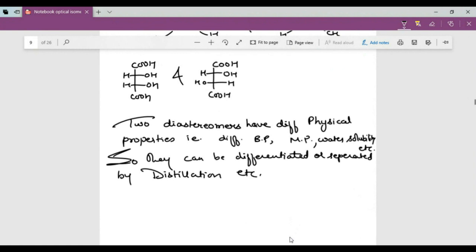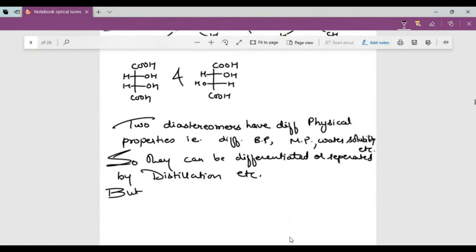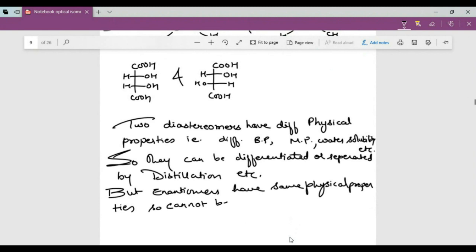But as I was repeatedly saying, enantiomers have the same physical properties, so they cannot be separated by usual methods.